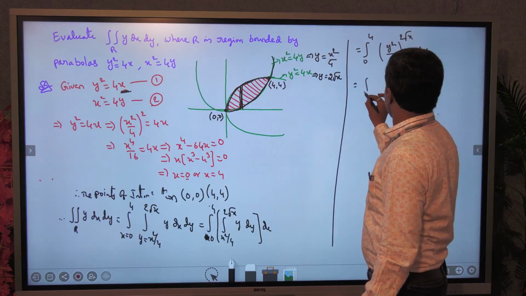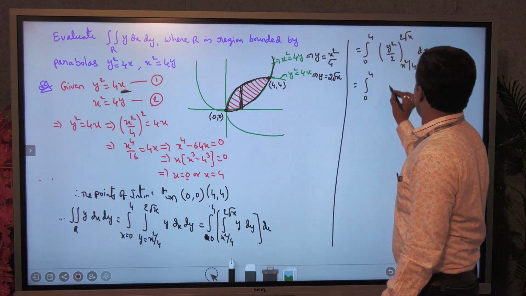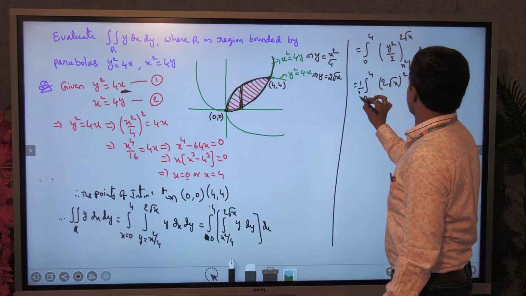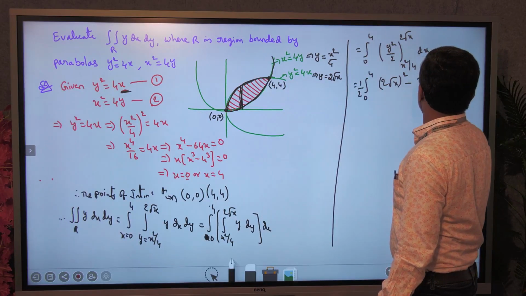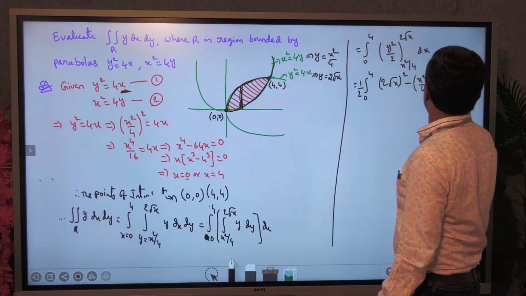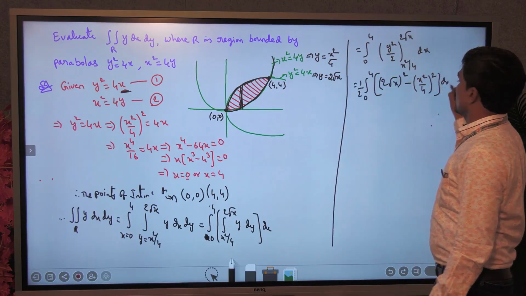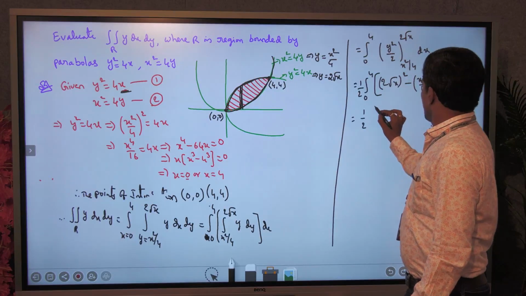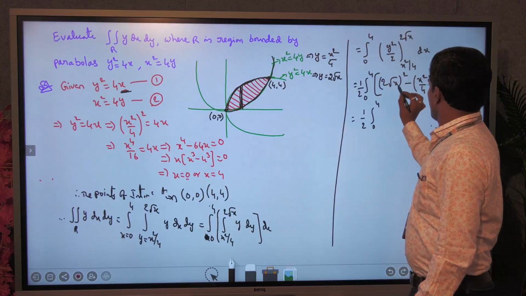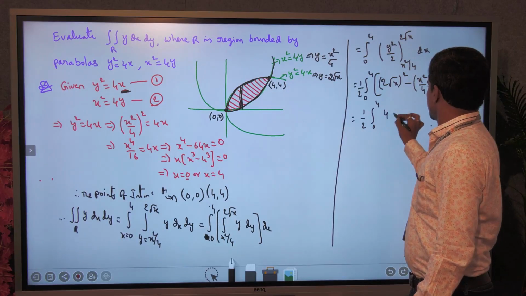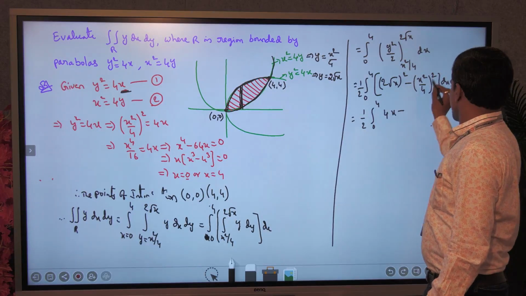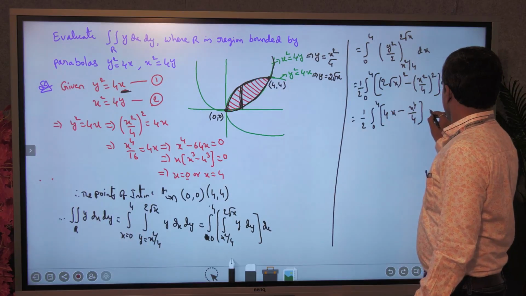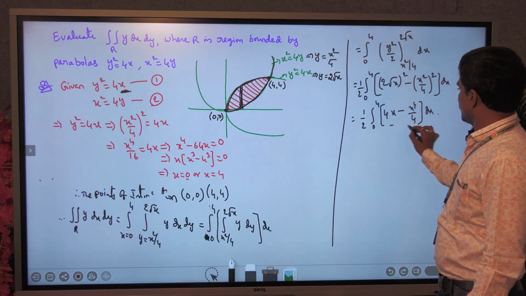The integral from 0 to 4, 1 by 2 is a constant, of 2 root x whole square minus x square by 4 whole square, dx, right? Now simplify this: the integral from 0 to 4, of 4x minus x power 4 by 16, dx. Now integration of this function.